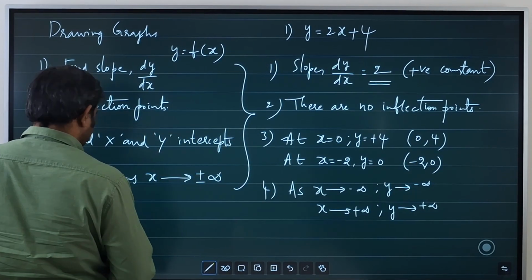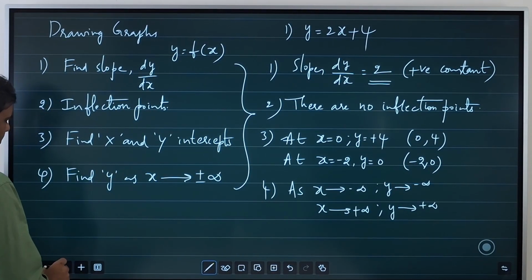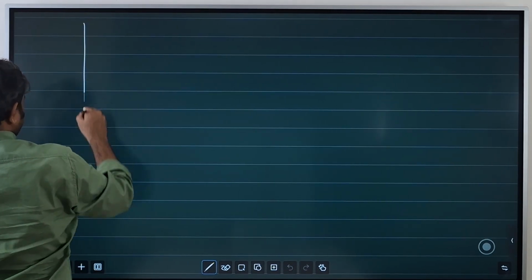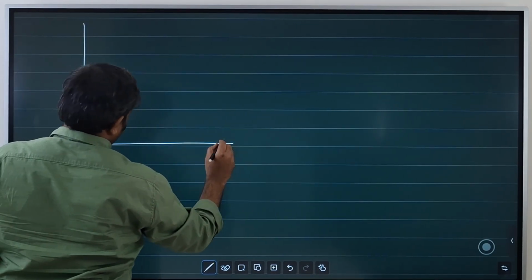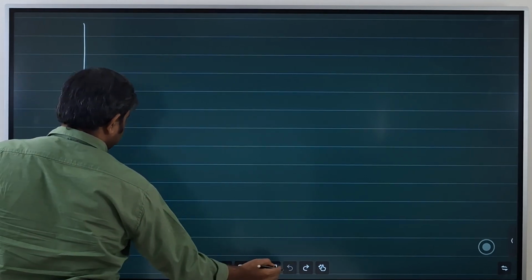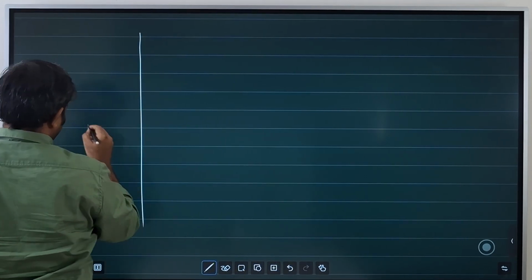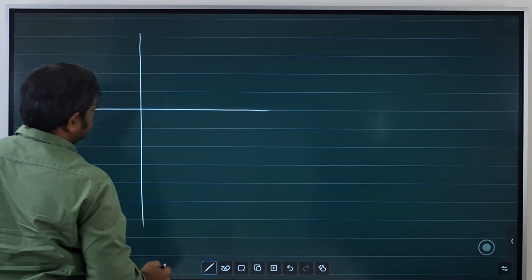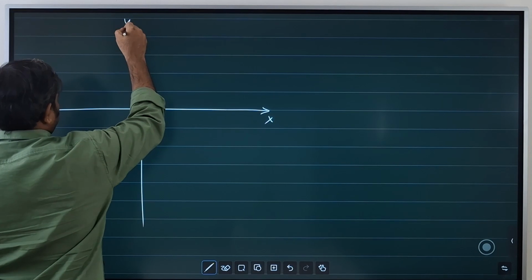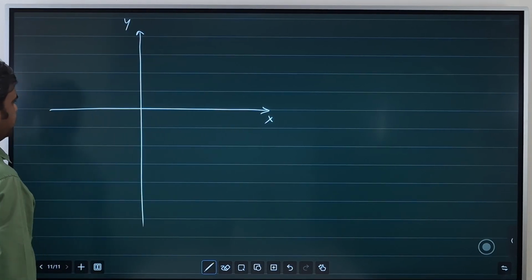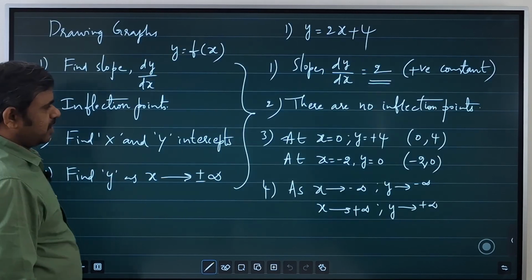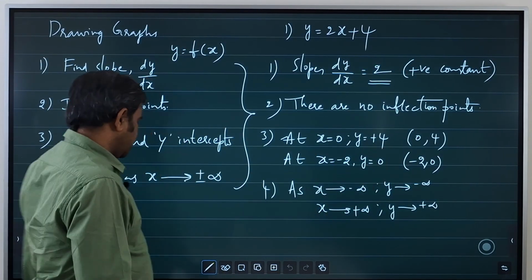So we have all the information required to draw the graph. So I'm going to draw the graph now. The graph is a straight line. The graph passes through 2 points. What are those 2 points? (0, 4) and (minus 2, 0).